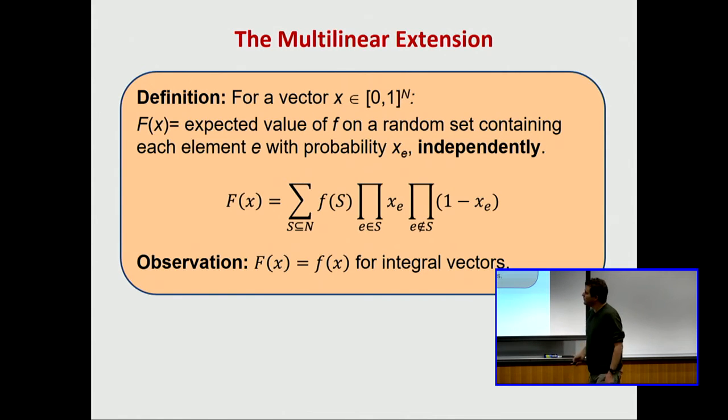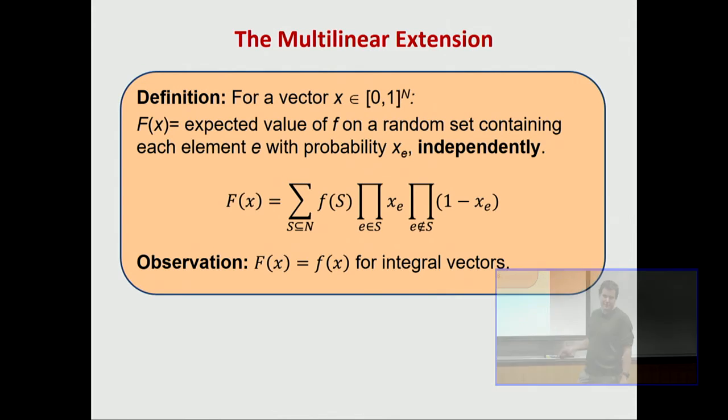If you write it explicitly, which is a long term, it's the sum over S of f(S) times the probability of S, which is the product of x_e for e in S and 1 minus x_e for e not in S. And you can easily observe that this is indeed an extension. If x is integral, this gives you exactly the function.